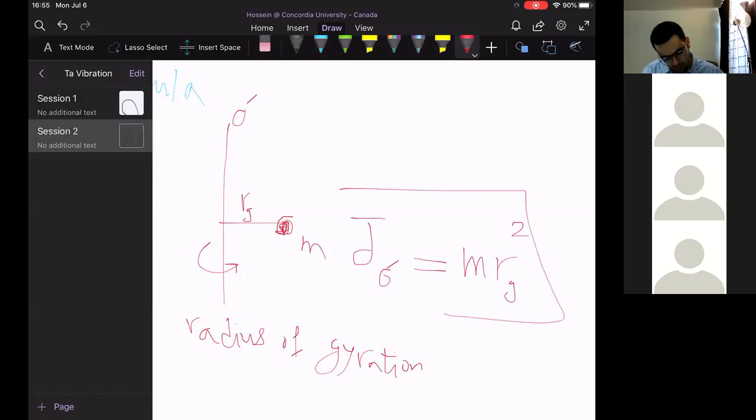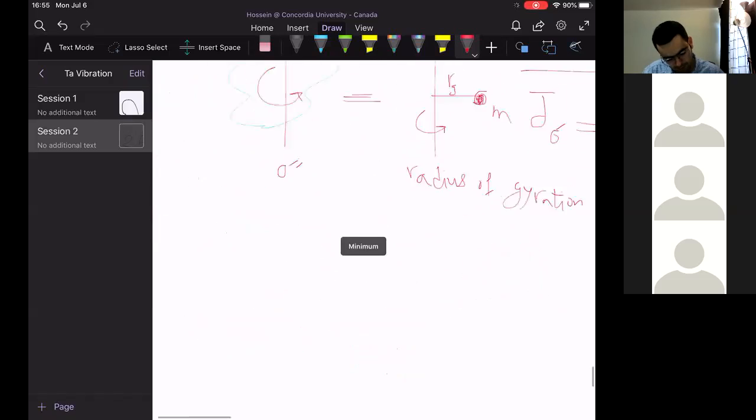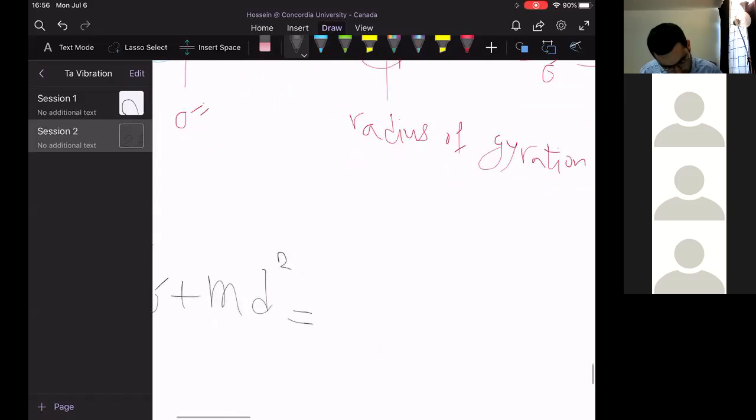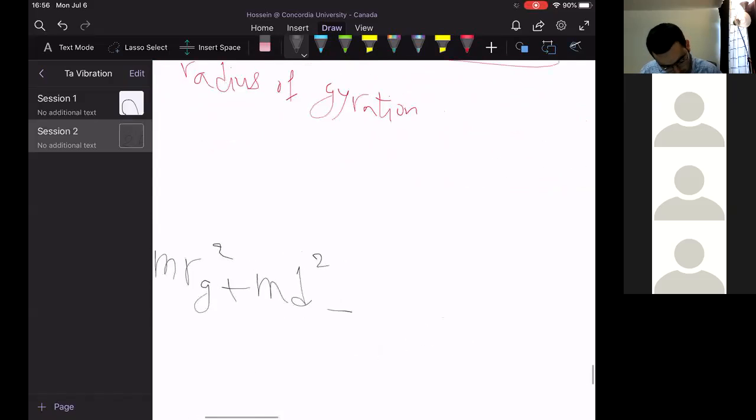So therefore, for the first case, the total mass moment of inertia around axis O is J_O prime plus m d squared, which is m R_G squared plus m d squared. R_G is given as 9, so m times 9 squared plus m d squared, where d is 24, given as 24 inch squared.